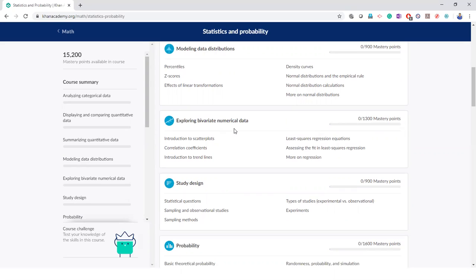Bivariate numerical data is when you are trying to correlate two variables. For example, height and weight are correlated to each other. Now, how does this correlation work, how much does the height of a person explain the weight of a person, and how much does weight explain height? Does a change in one variable make a change in another variable?